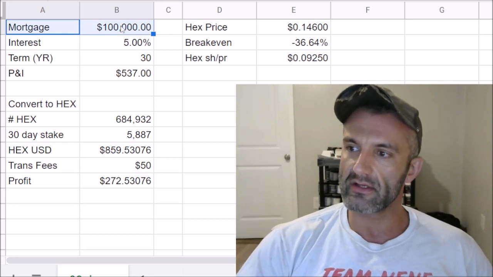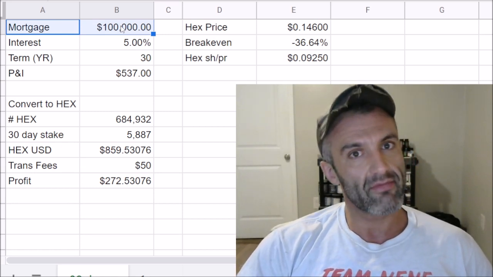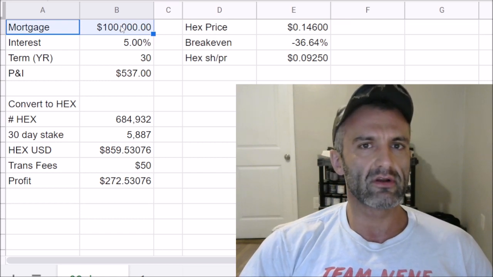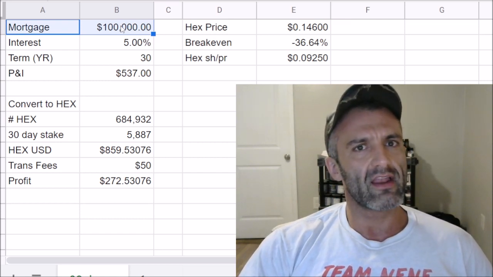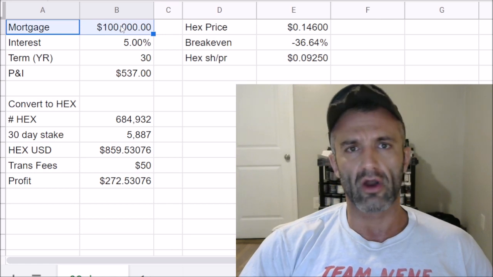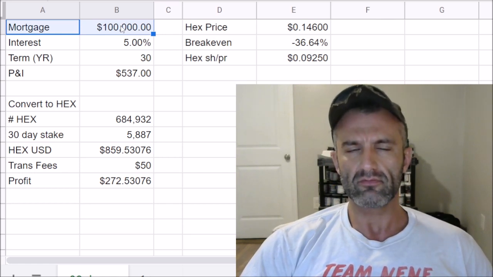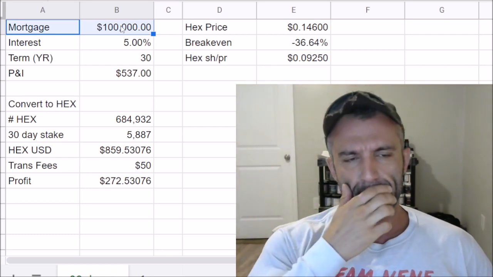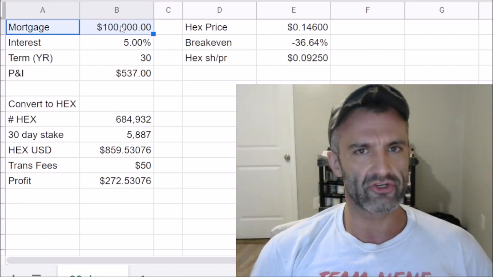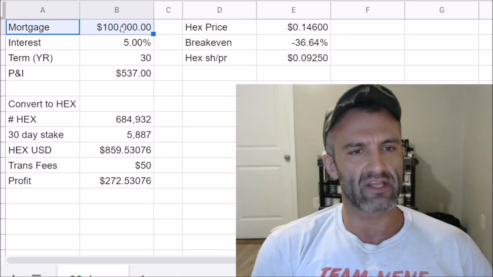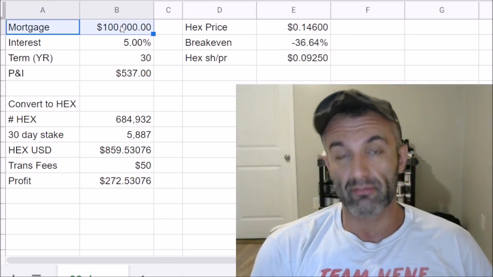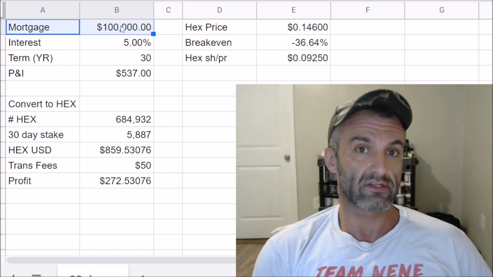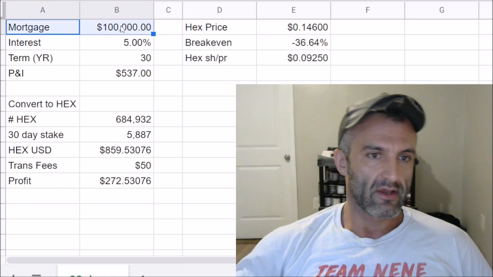But then I'm like, wait, I can do the same thing with HEX. Then I don't have to hire a property manager. I don't have to deal with maintenance or hiring somebody for maintenance and any of those details associated with it. Now, there's no leverage, so to speak, like there is in real estate. So we could run the numbers and compare them, but you have some other benefits to that. There are also some risks to this, which we're going to cover as well.